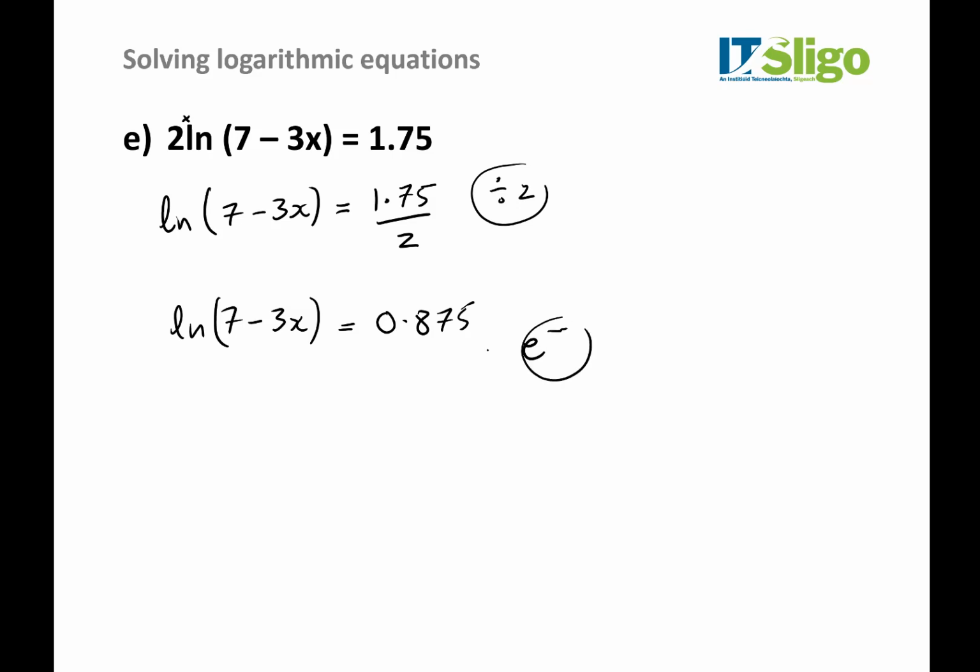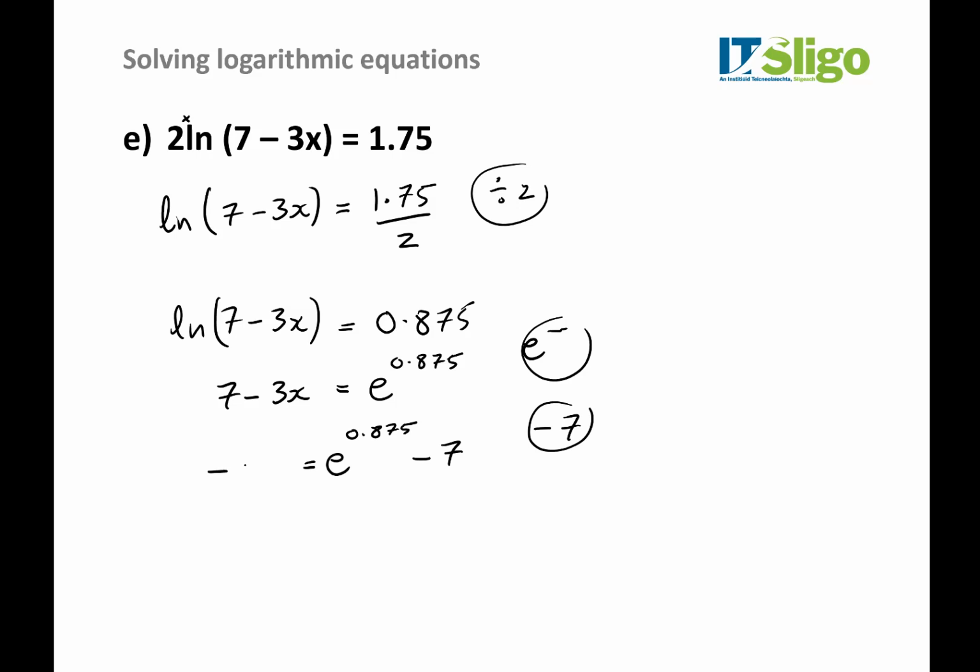So when I raise the left-hand side as a power on e, that kills the log term. So the natural log disappears and the brackets are opened out. On the right hand side, now we want to move the 7, so we're going to subtract 7 from both sides. e to the power is 0.875 minus 7.